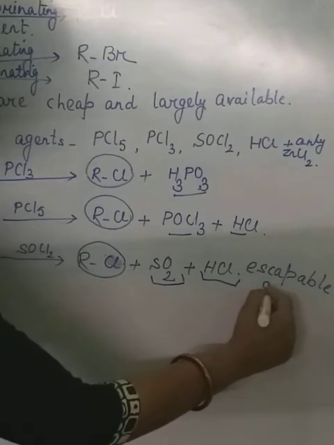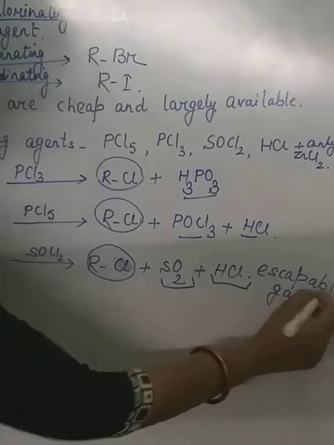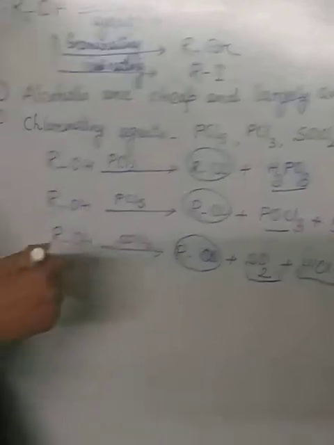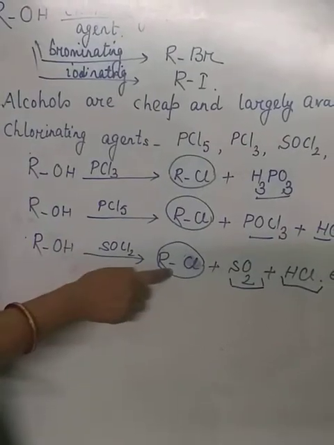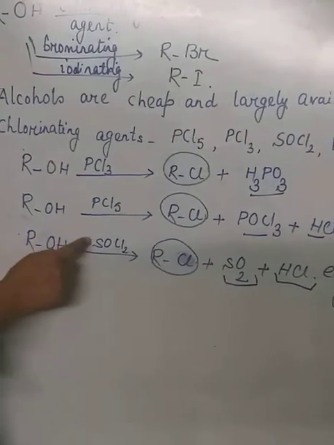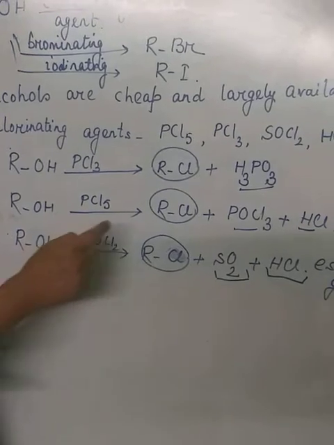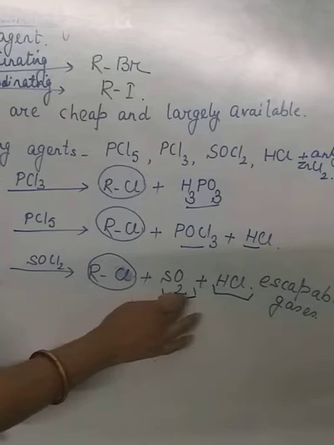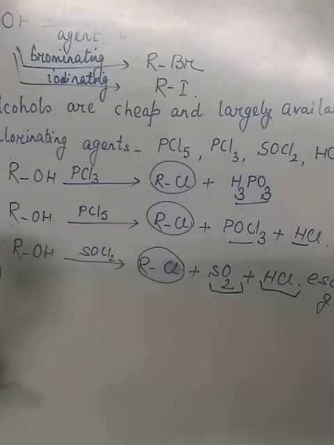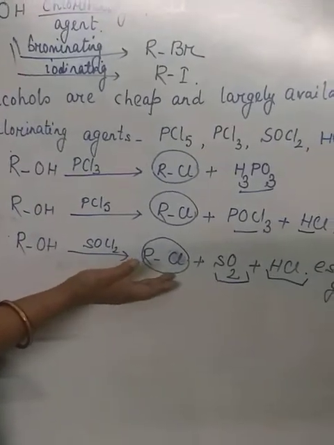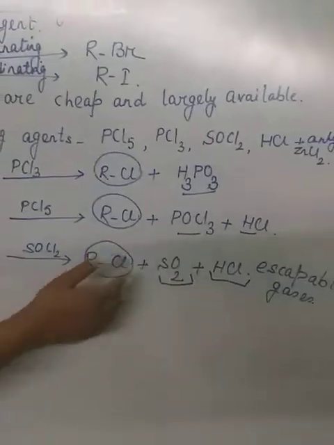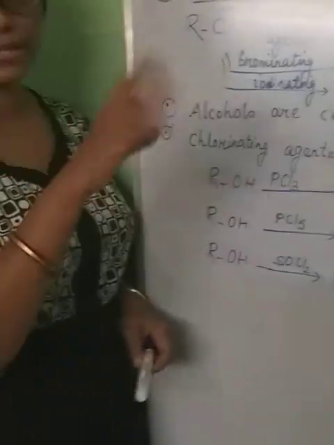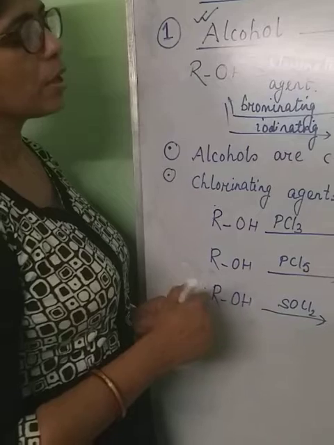It means that when we are preparing alkyl chloride from alcohol using thionyl chloride, we are getting this as the major product, and the side products automatically get removed from the reaction mixture because these are gases, so they will automatically evaporate.